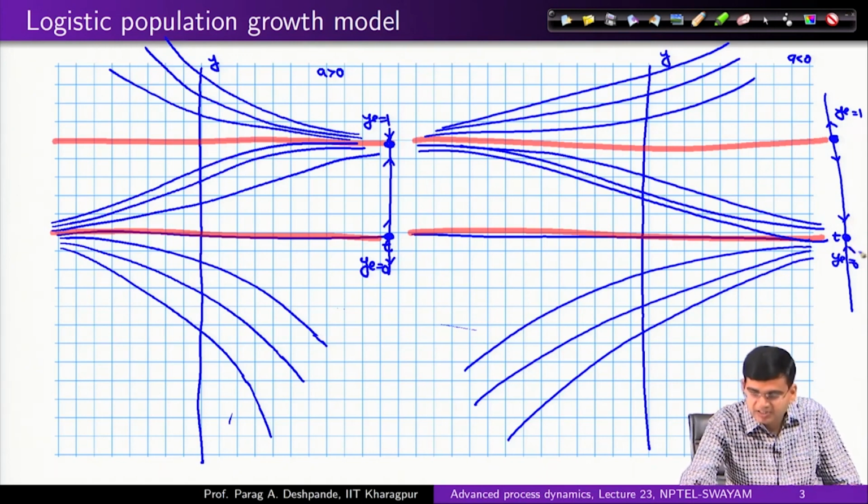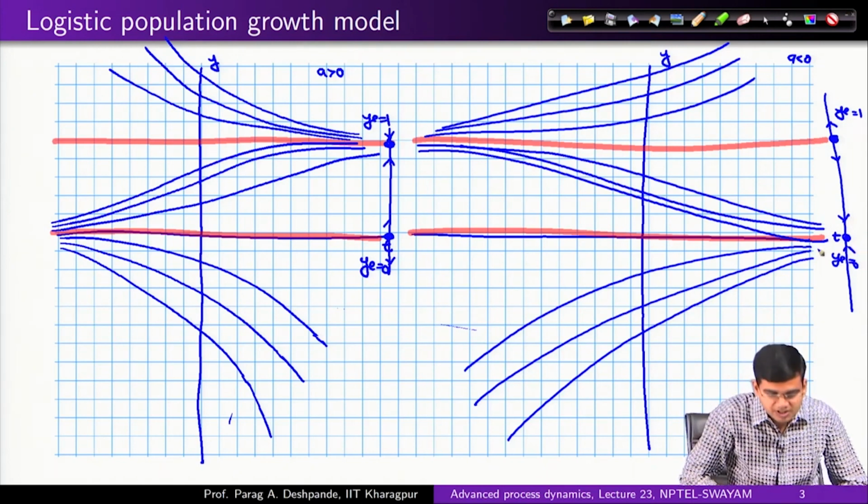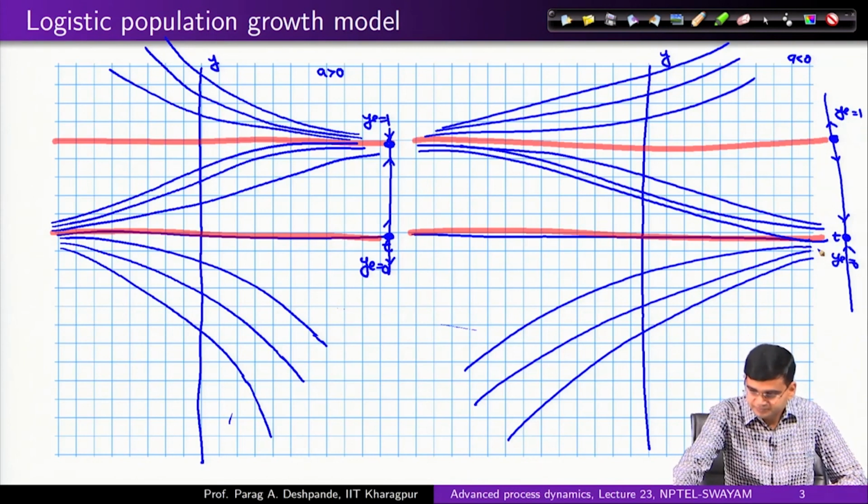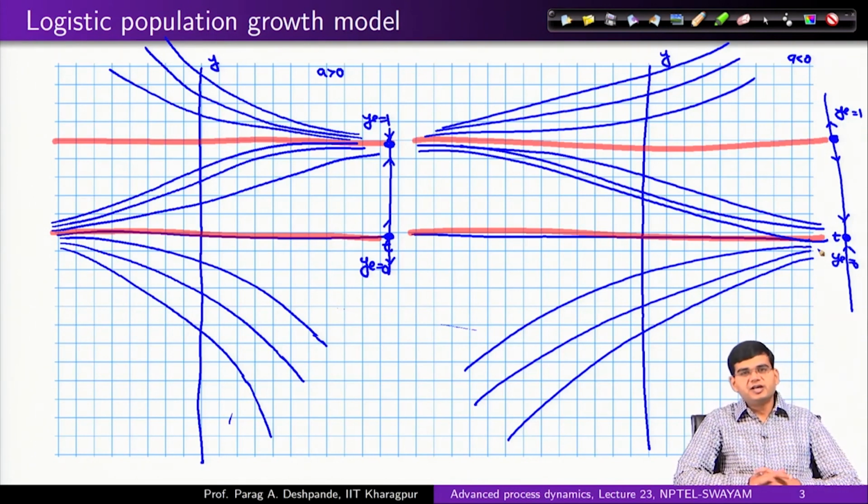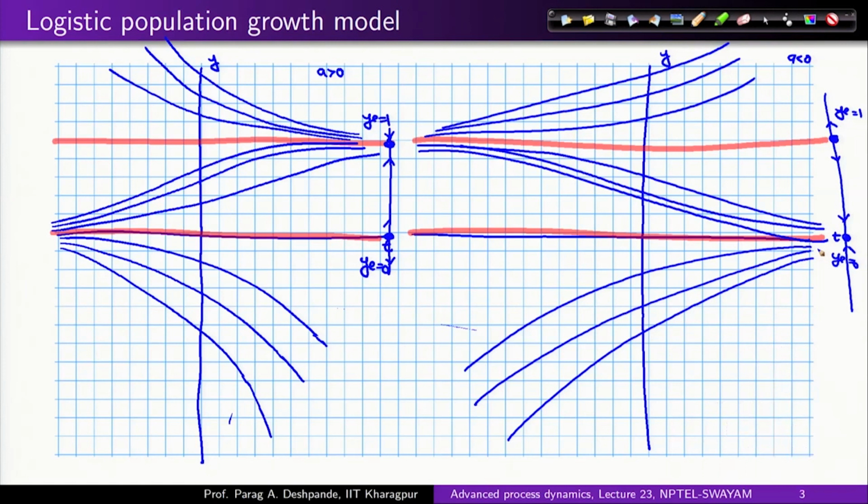Why would this happen? Quite simply, if you determine the derivative of f, and f was defined as a y(1 − y), and evaluate it at the equilibrium solutions with a less than 0, then you will see that the situation has been exactly reversed.